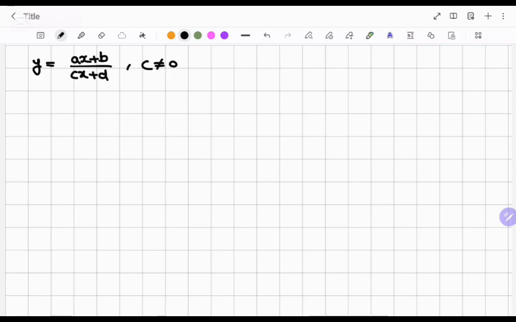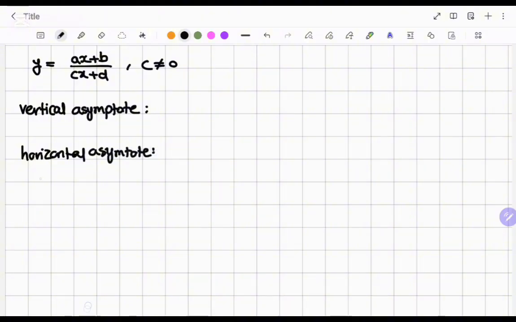So the first thing that we have to start with is that there are some things that you need to find. The first thing you need to find is the vertical asymptote, and the other one is the horizontal asymptote, and then the x-intercept and the y-intercept.